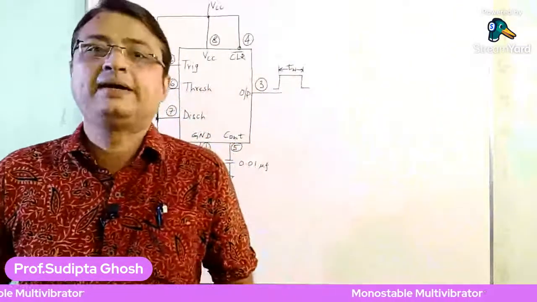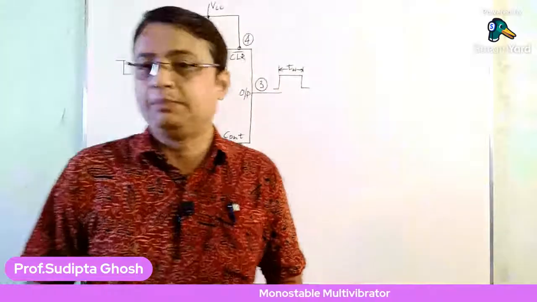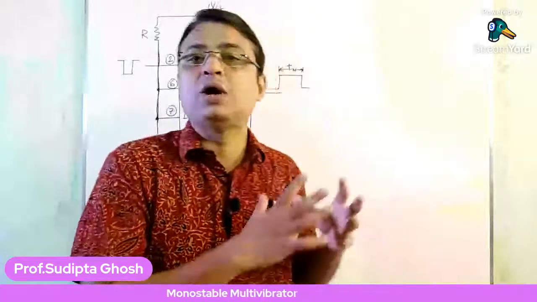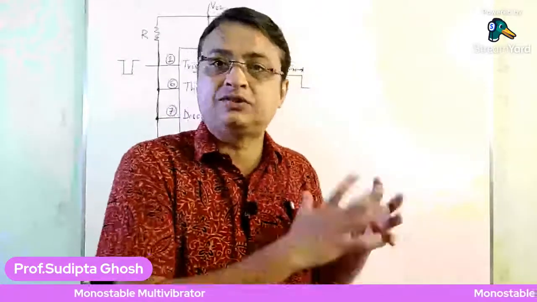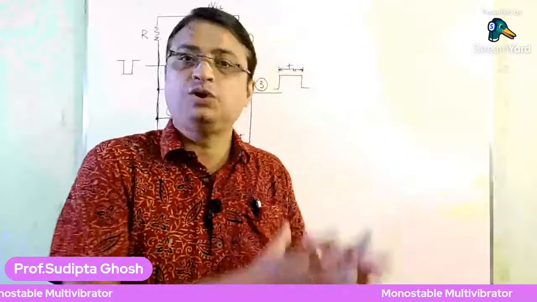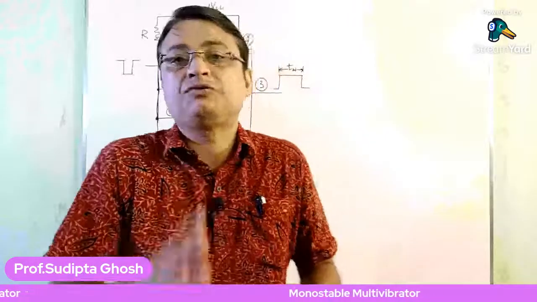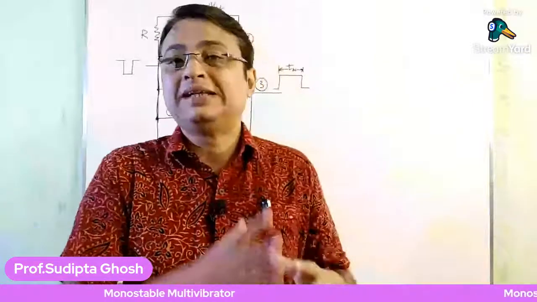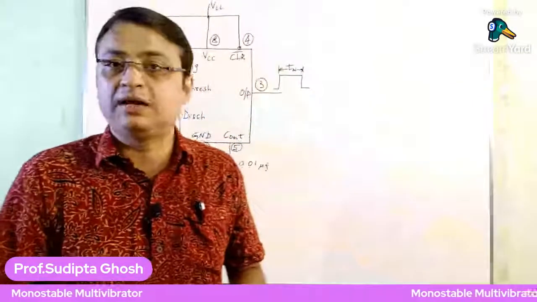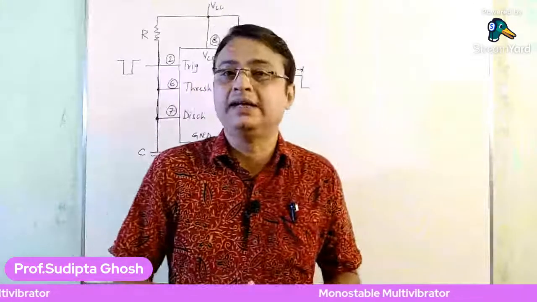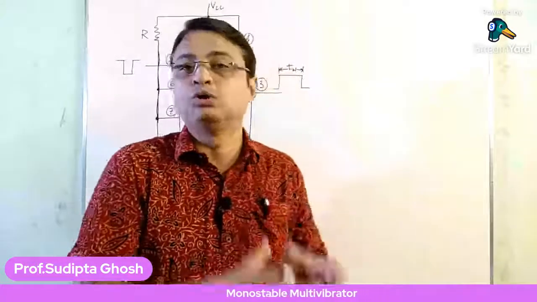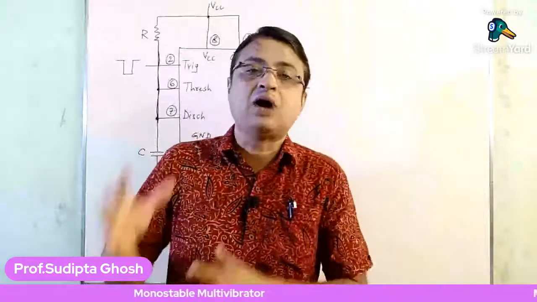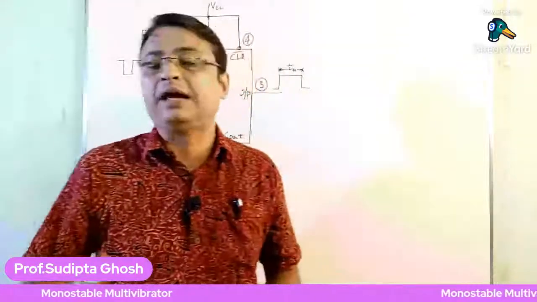And to get a low output, we have to apply a voltage at the threshold input pin, just above the value of 2/3 VCC, so the threshold comparator goes high, and then the output of the 555 timer goes low.